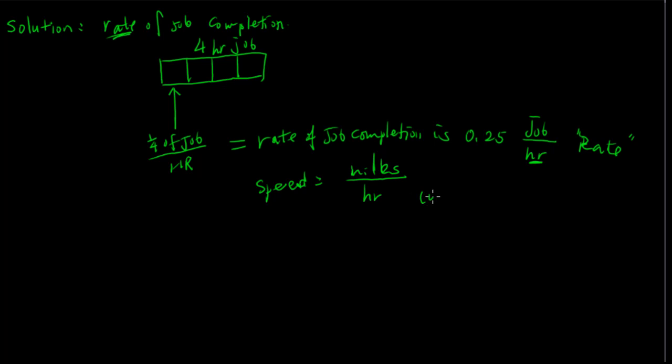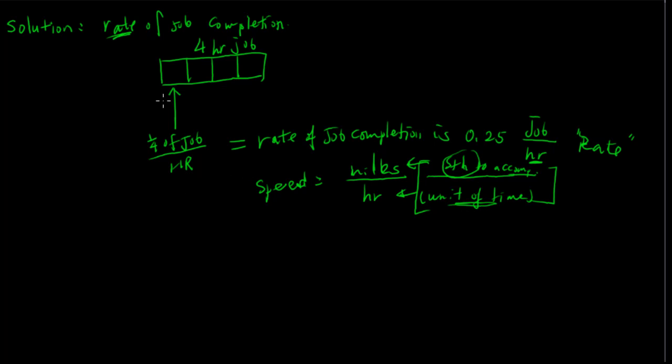It doesn't have to be hour, it could be seconds or minutes, but it's per unit of time. So what is really speed or rate? It's to accomplish something in a unit of time.